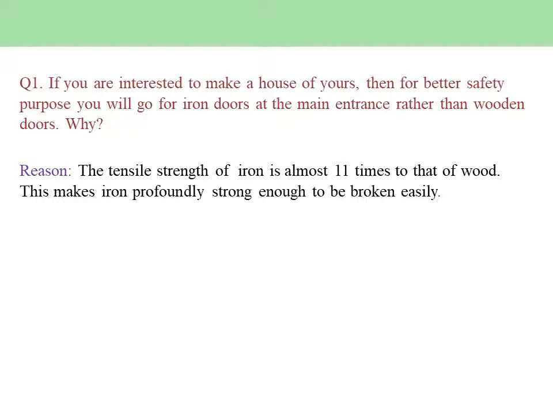But since this is a video lecture, I'm declaring this mistake. So iron, having a tensile strength 11 times more, is profoundly strong enough not to be broken easily. Clear?